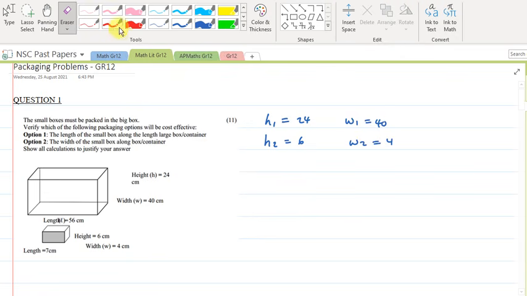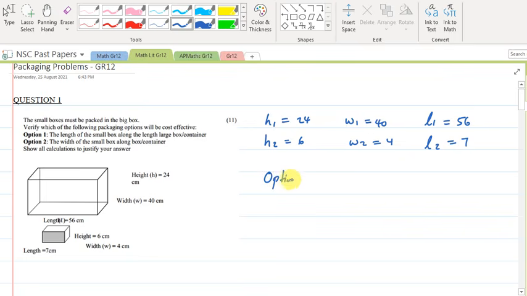We don't need to put the centimeters there, it's the same unit of measurement. And then the length of the larger one is 56, and the length of the smaller one is basically 7, right? So option 1, you need to match the height with the height, the width with the width, and the length with the length.